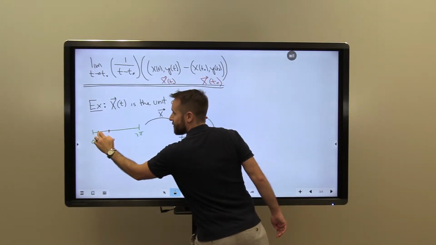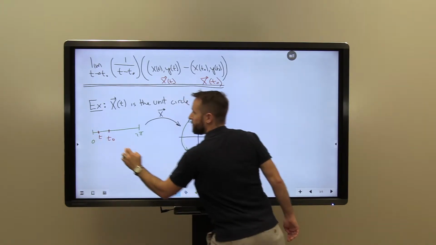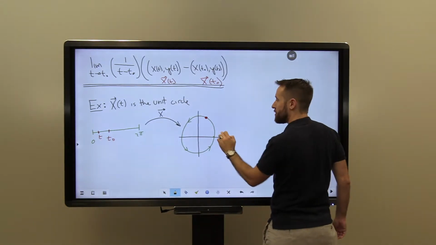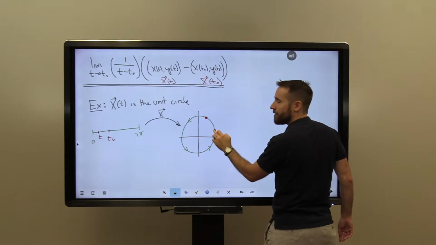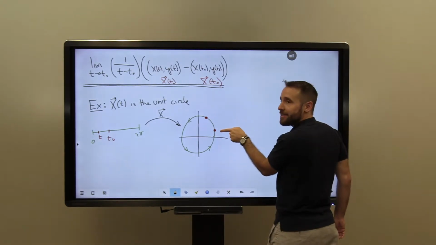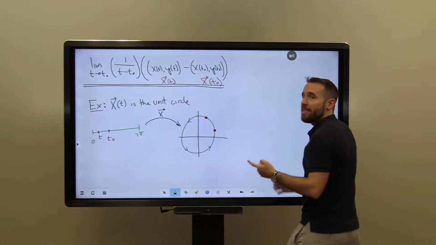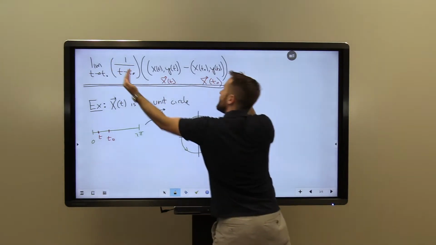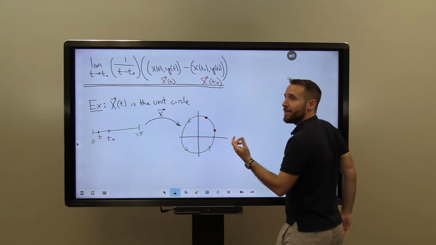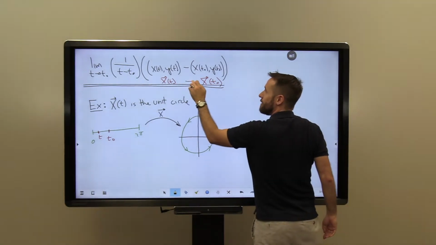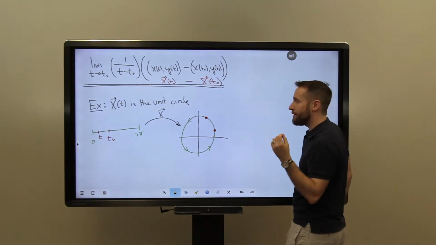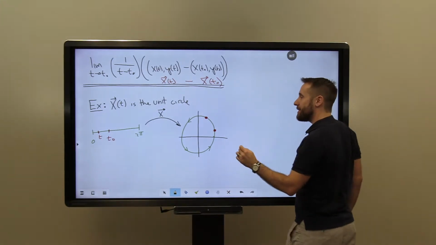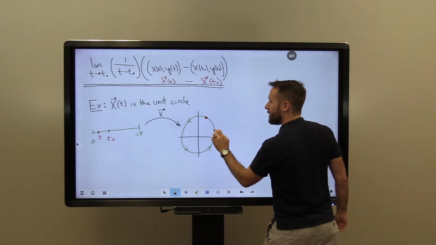So let's say t is right here, and let's say that corresponds to this point right here. So this is x of t naught, this is x of t, and then the expression up here before the limit is found to be the displacement vector x of t minus x of t naught. So that's the vector that is pointing in this direction.